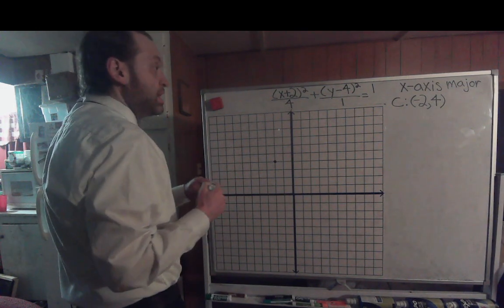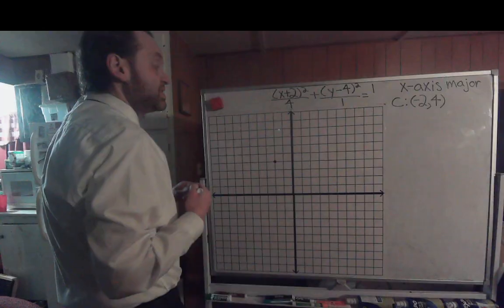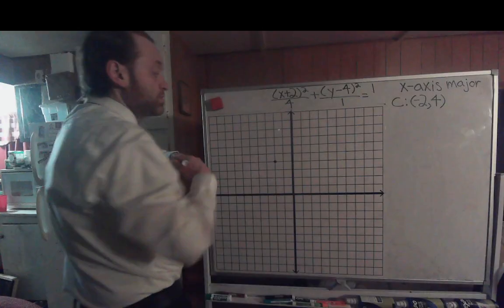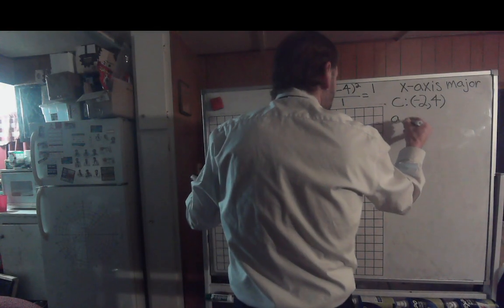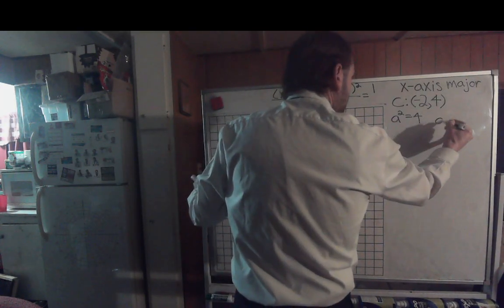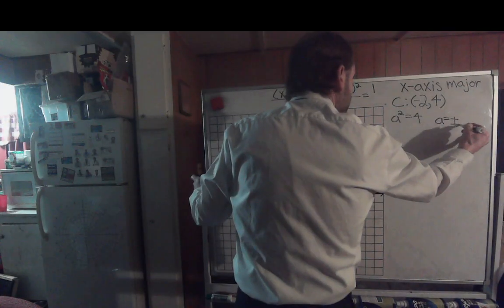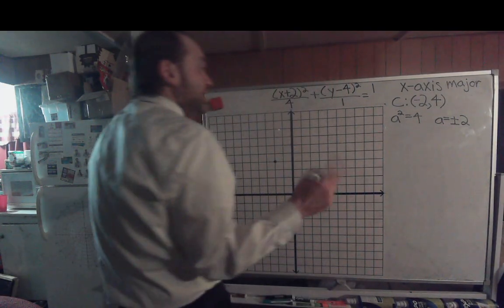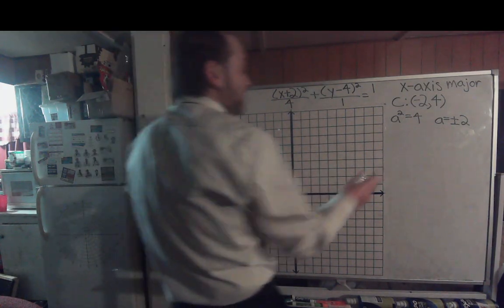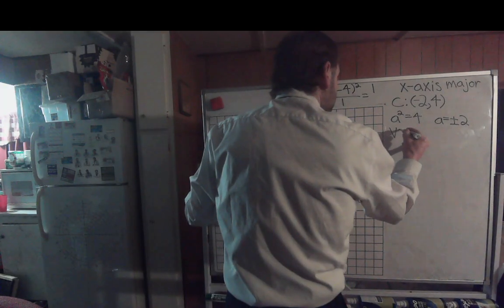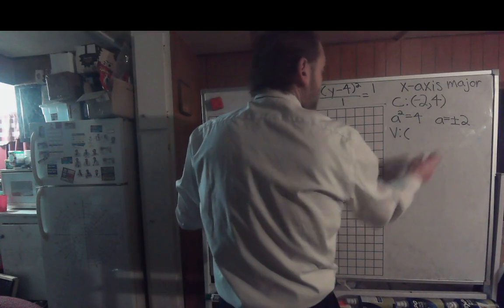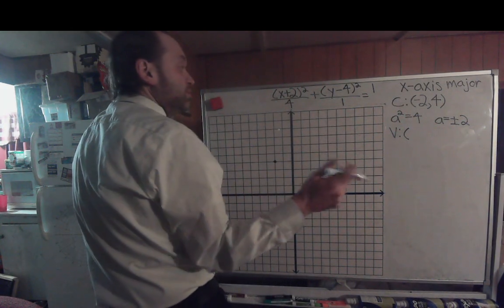Now, next thing, though, let's see. Since the x-axis is the major axis, that 4, so a squared equals 4, that would have to mean that a equals both plus and minus 2. And since the x-axis is the major axis, to find your vertices, you got to take that center and add and subtract 2 from negative 2 to get those coordinates.